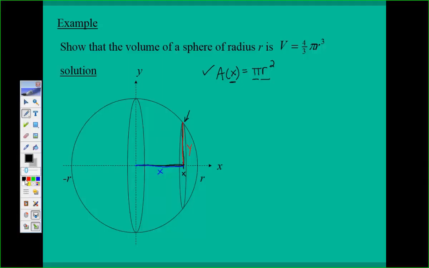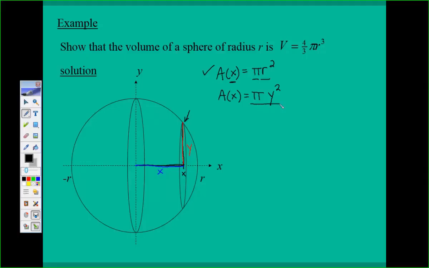We have to come up with a relationship. Let me rewrite our area formula first. We said that instead of listing this radius in red as r, we're going to list it as y, so we'd have pi times y squared. So now our goal is to get this in terms of x.